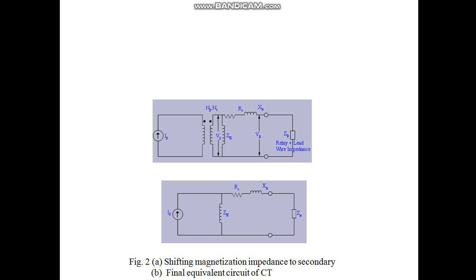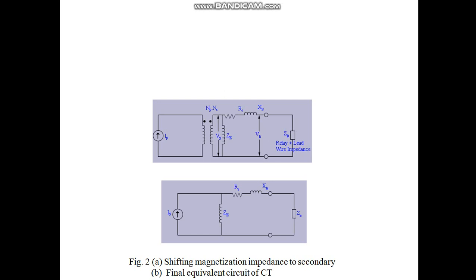Note that the secondary winding resistance and leakage reactance are not neglected, as they will affect the performance of the current transformer. The total impedance on the secondary side is the sum of the relay burden, lead wire resistance and leakage impedance of the secondary winding. Therefore, the voltage developed depends directly upon these parameters.